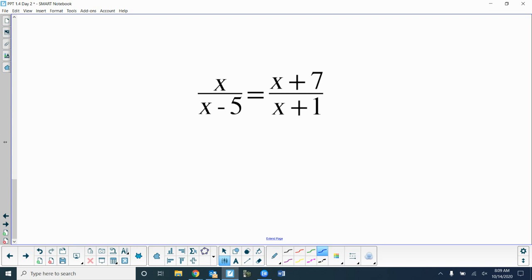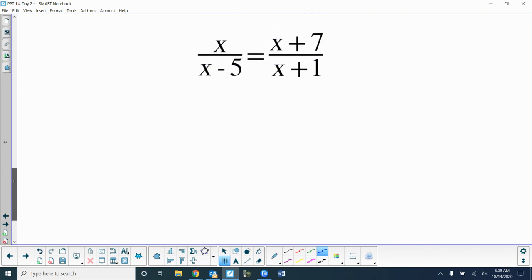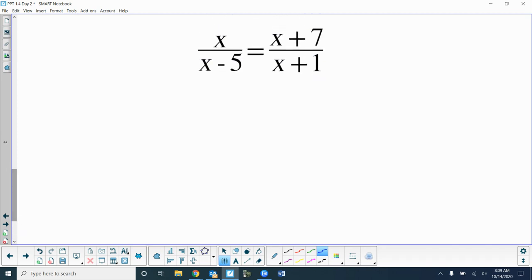What do we call it when there's a fraction equal to a fraction? Starts with a P. R. O. Proportion, right? How do you solve proportions? Cross multiply.